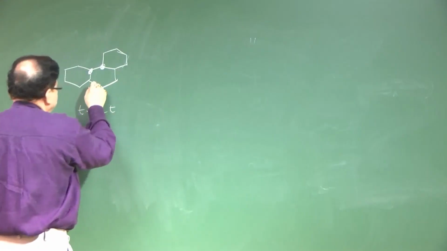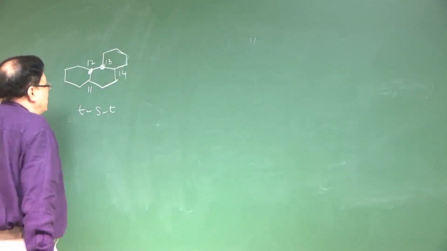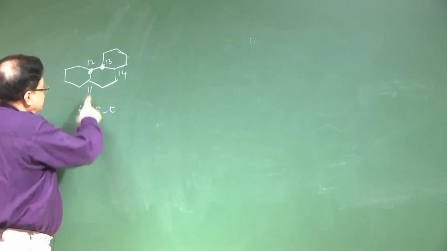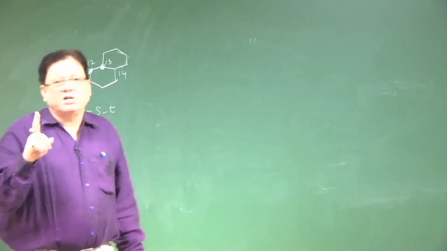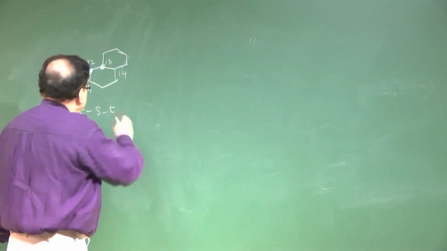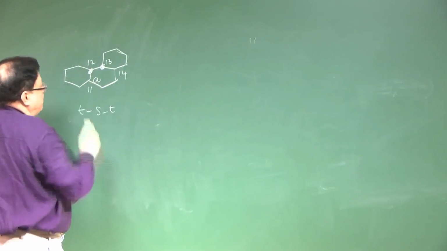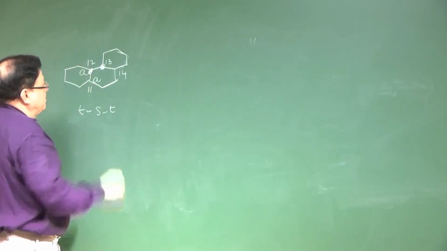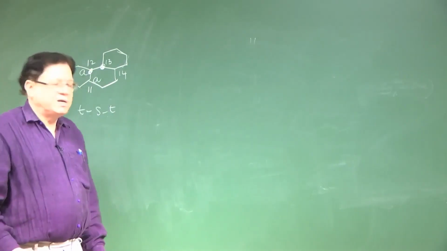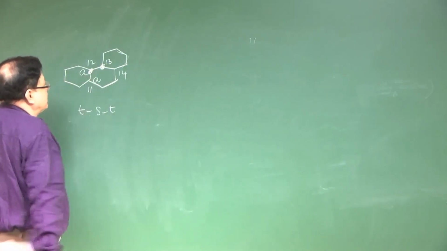So, this is my 11, this is 12, this is 13 and this is 14. So, again first assign the alpha beta, this axial equatorial nature depending on the ring junction stereochemistry. So, because it is trans, so this is axial and this is axial, okay. Both are axial. Then this is 1 to cis relationship.